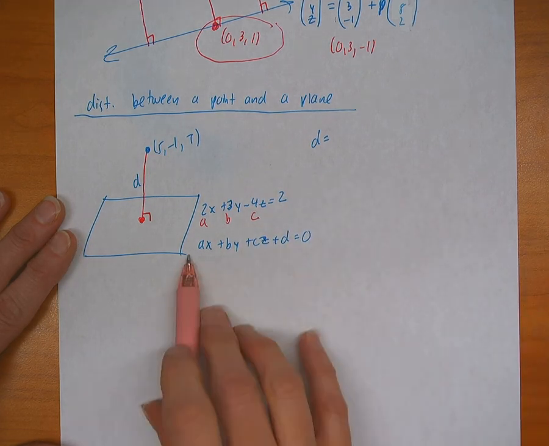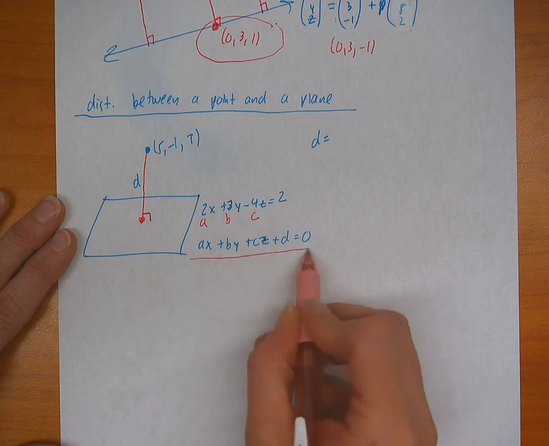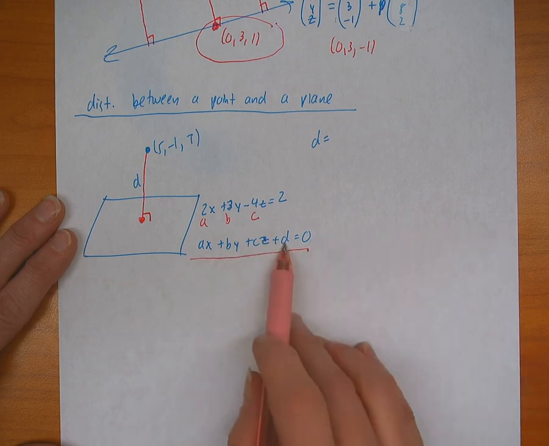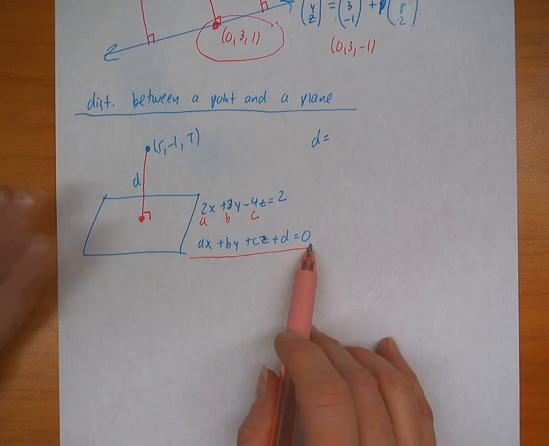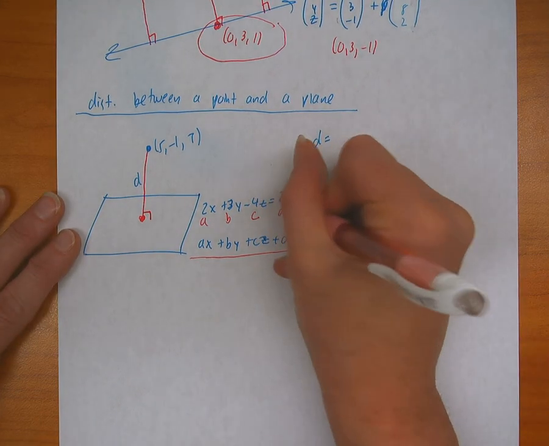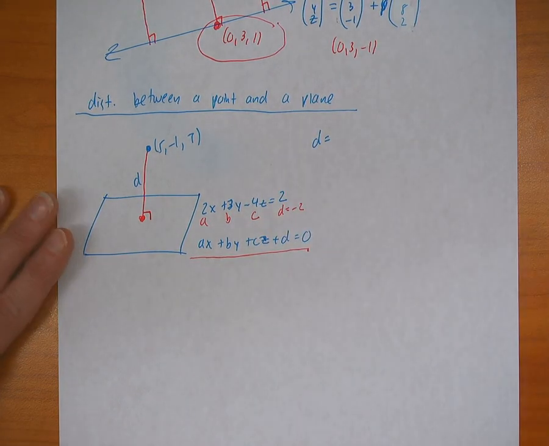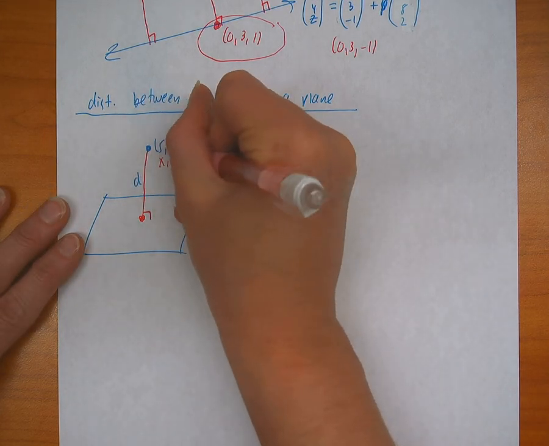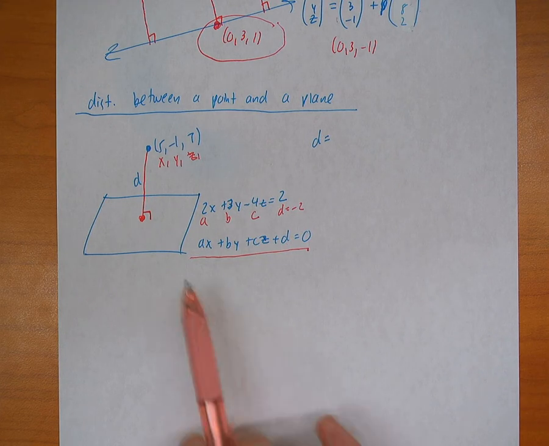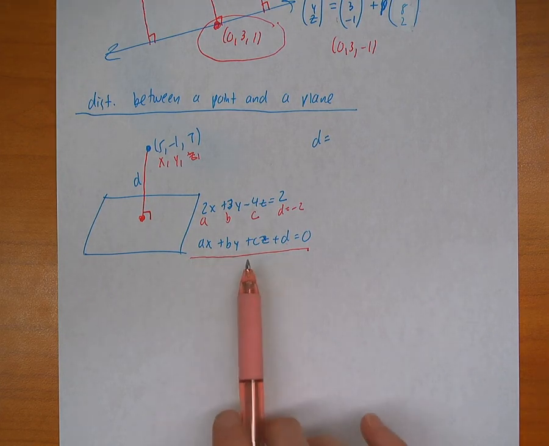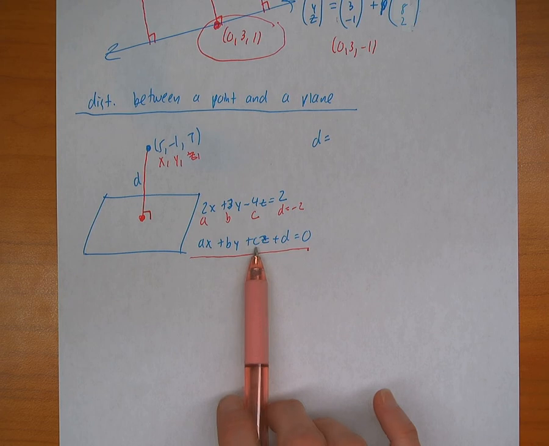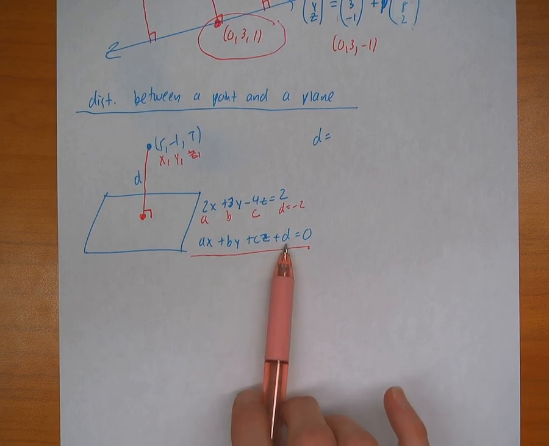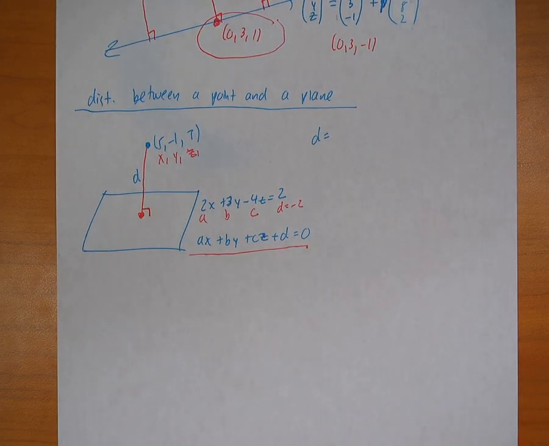So notice that the way we are coming up with A, B, C, and D for this formula is by moving the D and having a 0 on one side. So our D in this case is actually going to be negative 2. And then we're going to call this point up here x1, y1, z1. So A, B, C are the coefficients of the x, y, and z terms. D is the constant, but if it's been moved over. And then x1, y1, and z1 are the point.